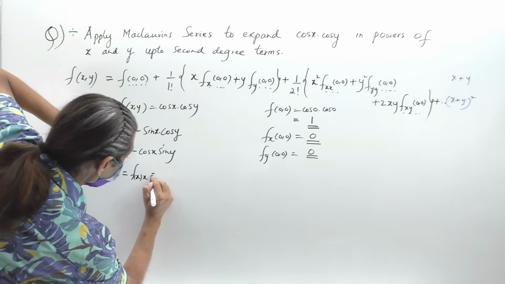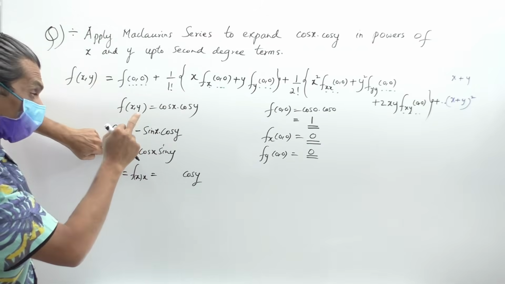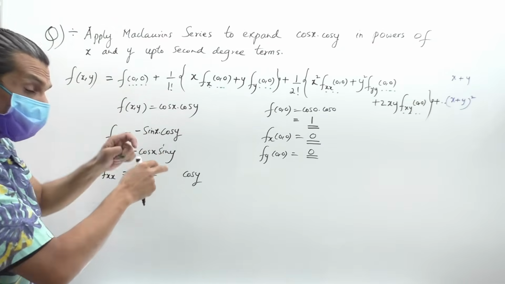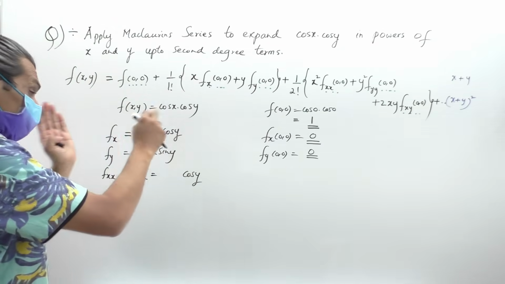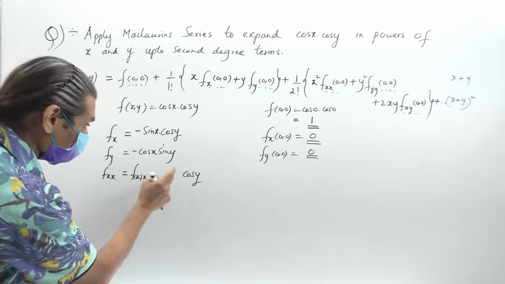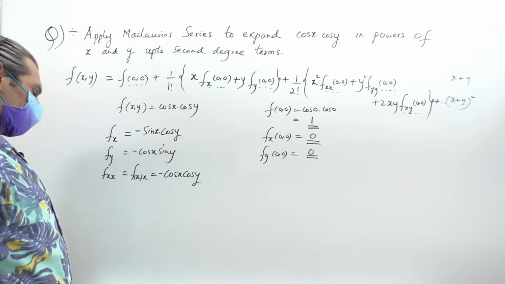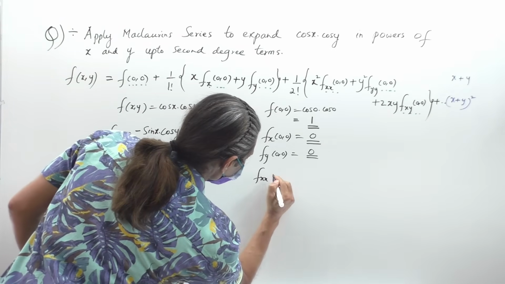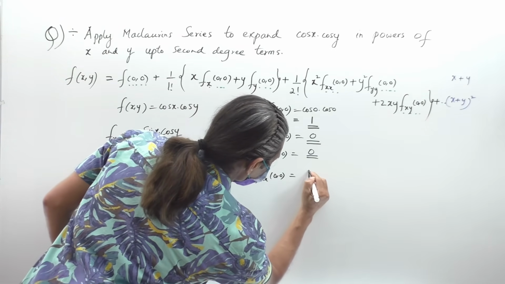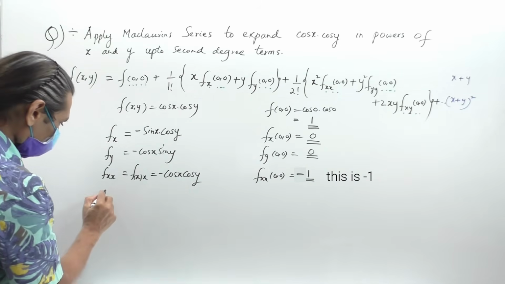So that is cos y as it is, fine. Differentiation of minus sin x into cos y, we are differentiating this only with respect to x now. So cos y as it is, again differentiation of sin x is cos x, and minus as it is. That's it. Therefore, f double x of 0 comma 0 is equal to, because cos 0 is 1, it's minus 1.